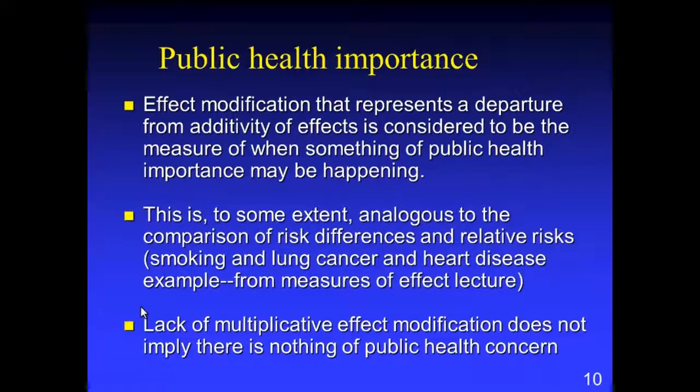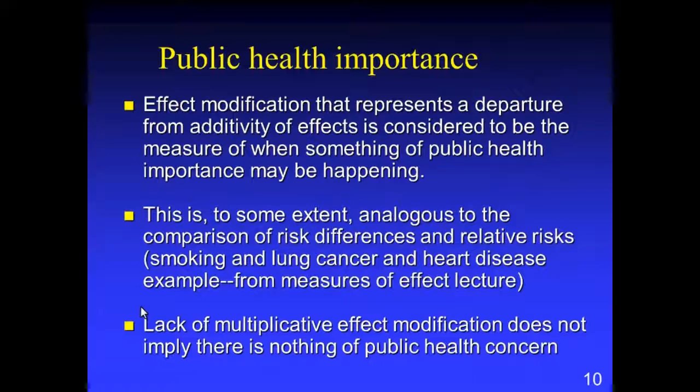Now, as I've previously said, the thing that's most important in public health is effect modification on an additive scale. In other words, it's departure from expected additivity of effects that's considered to be most important. And to some extent we illustrated this when we used that example comparing lung cancer and heart disease in relation to smoking, where we showed that even though lung cancer had a much greater relative risk than cardiovascular disease, nonetheless the absolute effect was much greater with cardiovascular disease.